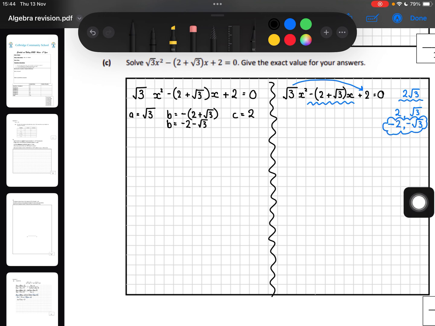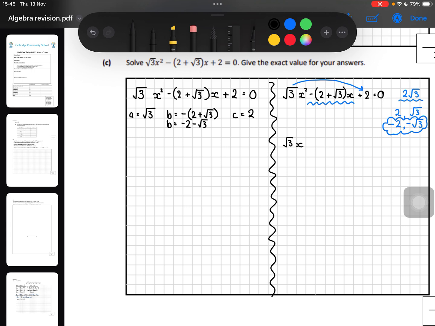So I'll end up with square root 3 x squared, and then either my minus 2x or the other one. It doesn't matter what order I put them in. It's up to you completely.